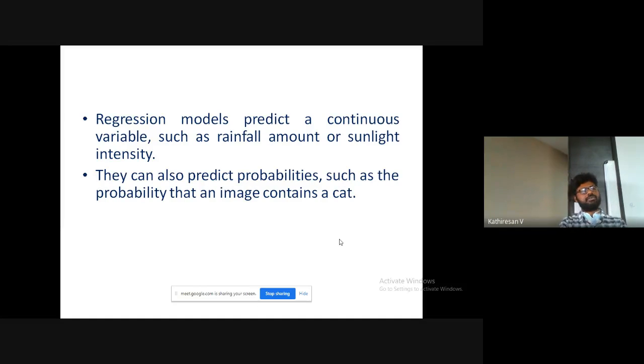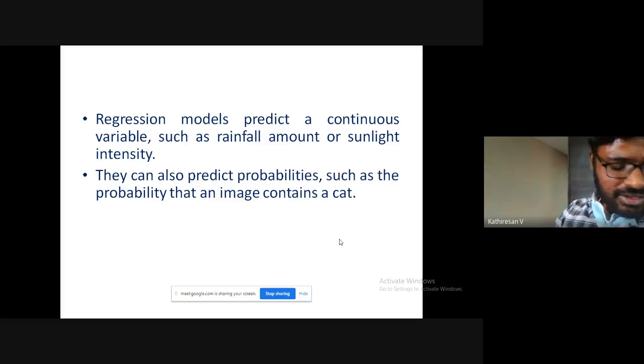Say for example, if we have two classes, safe customer and unsafe customer, if the probability is low, we can put it in unsafe customer. If the probability is high, we can put it in safe customer. You can fix the threshold as 0.5. If the probability is less than 0.5, you can put that into class 0. If the probability is greater than 0.5, you can put it into class 1.